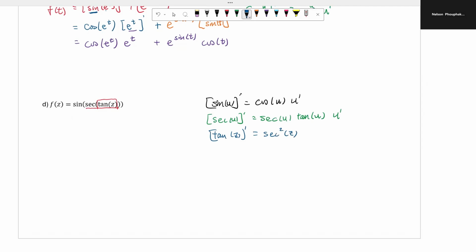Okay, so let's see how we actually work out this problem now. I will have f prime of z. Again, we work with the outer function, which is a sine, so I will have cosine of u, and then u prime.